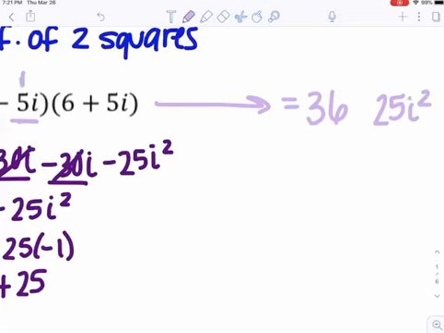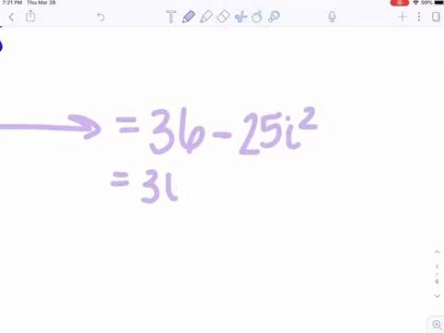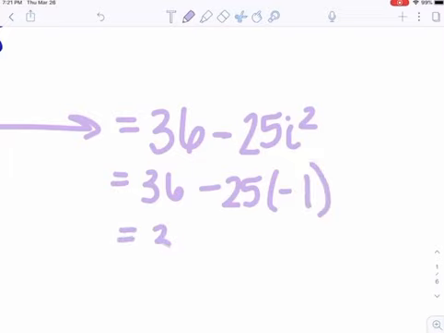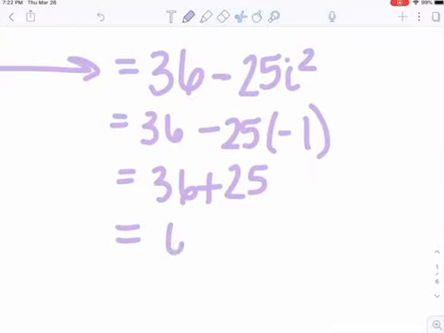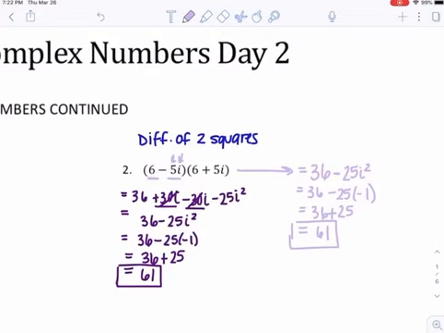Because you're squaring the 5 and you're squaring the i. Then we tag subtraction in between. Same exact process for a difference of 2 squares, but now I just have to simplify my answer. Okay, so it's 36 minus 25i squared, and I'm going to replace that i squared with a negative 1. So 36 plus 25, and then we arrive at our same answer of positive 61. Now each way would work. Obviously, I like the shortcut, but if you don't like the shortcut, please feel free to use the long way.